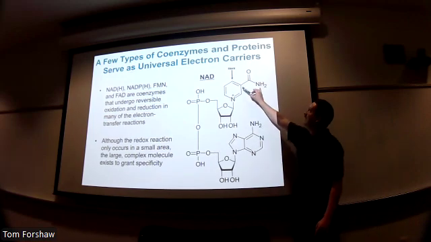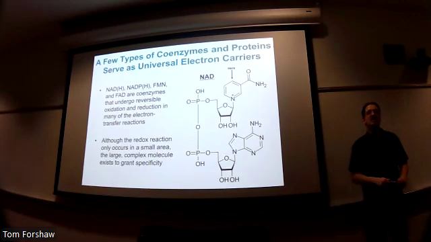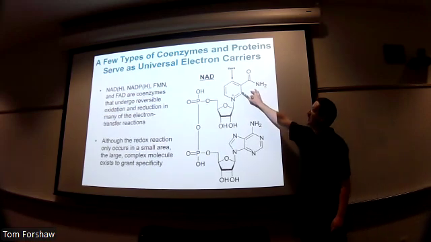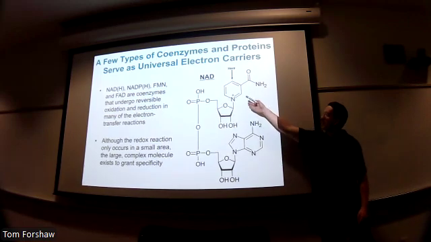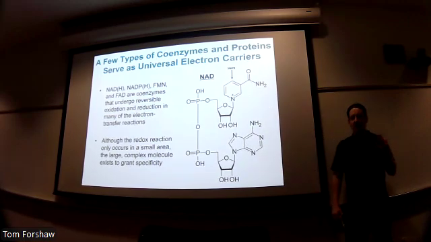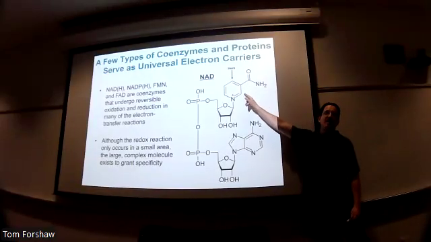So it's nicotinamide adenine dinucleotide. That's what NAD stands for. And then this is the nicotinamide, the bit that's slightly different. It's kind of like the base of the other nucleotide.